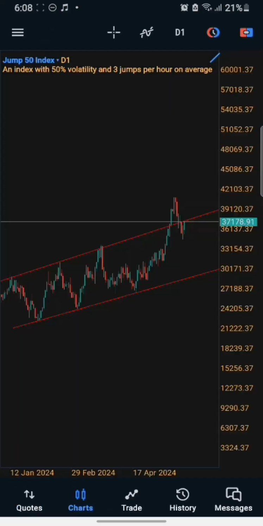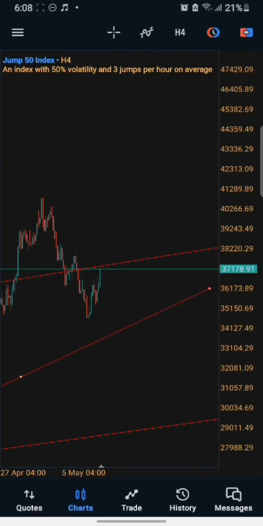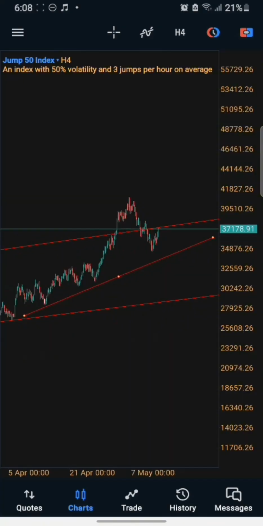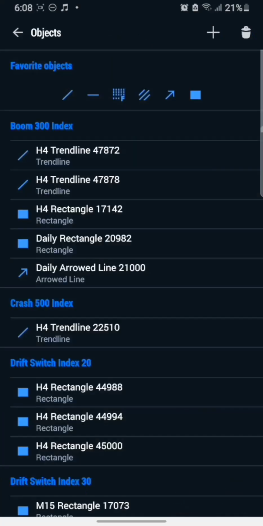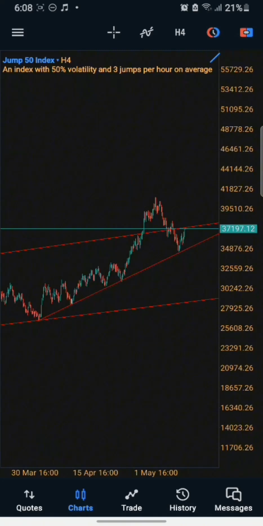So as you can see, the market broke to the upside and then it came back into the market. So this is kind of a head and shoulders that is very complex. It is not symmetrical. This kind of head and shoulders is not that powerful.